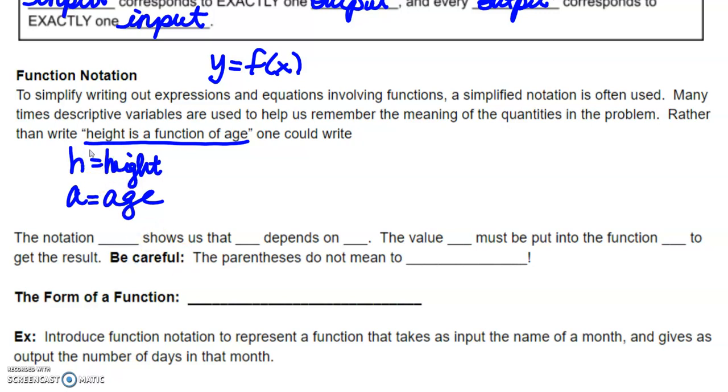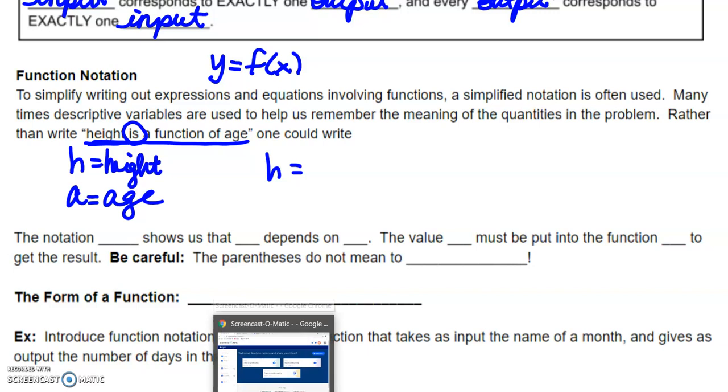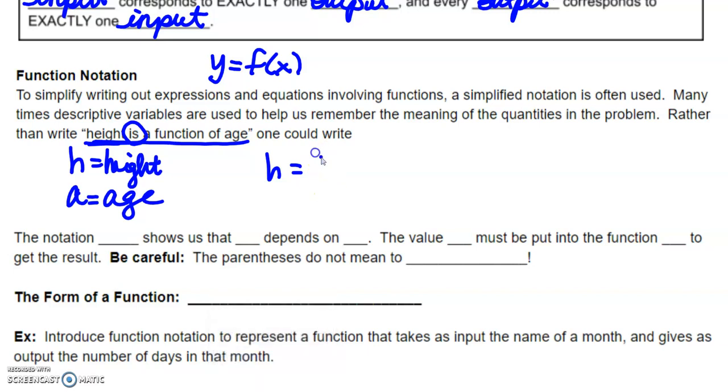If our height, call that h, in math, this little word "equals" means something very important. If x is 5, that means x equals 5. If height is a function of age, then our height equals a function of our age. So in this case, I'm going to write that as f of a.